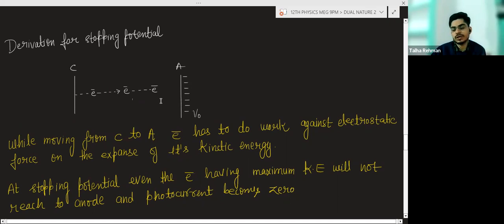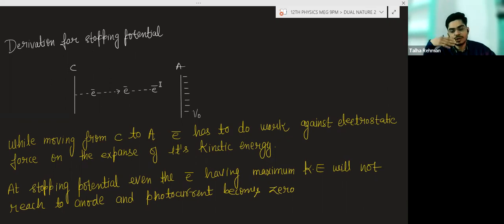So what does the electron have to do in moving from cathode to anode? It has to do some work against the electrostatic force of repulsion. So the kinetic energy of the electron will decrease, or you can say in doing that work the kinetic energy will be expended. So the electron moves, spending kinetic energy again and again.